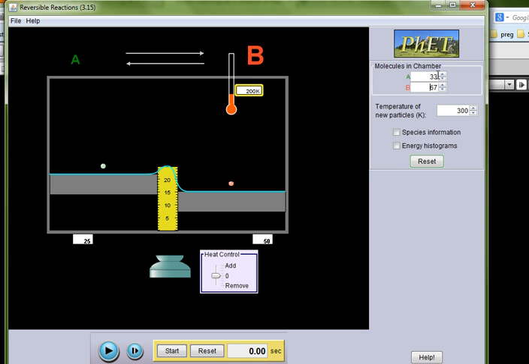Okay, what is the reaction quotient at this stage for these numbers?